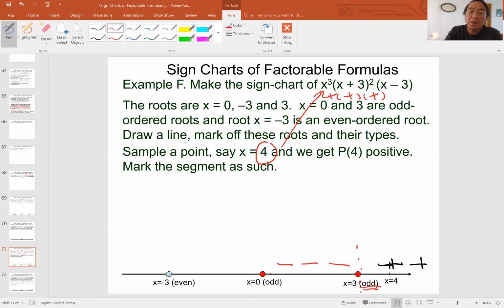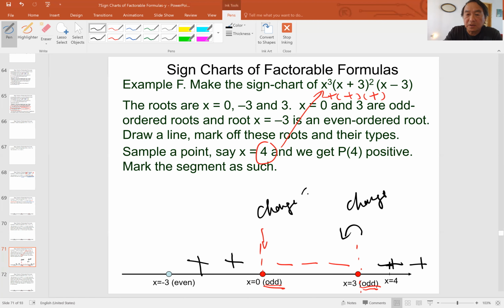Now we come to x equals 0. When we cross x equals 0, again, it's an odd order root. Therefore this changes sign. We change because it's odd.